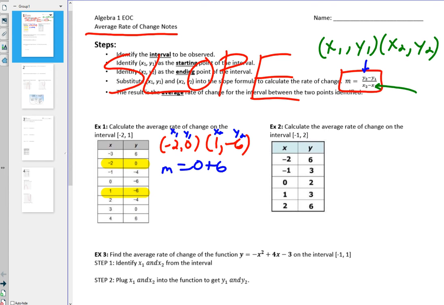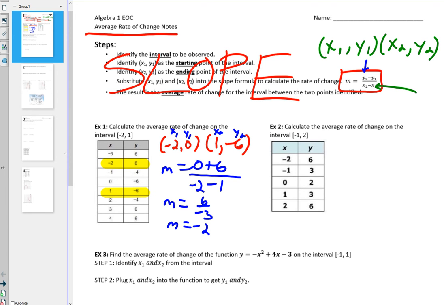So like if I put 0 first, on the bottom I have to write the -2 first. Another trick I taught you is for whatever the second coordinate is, because of the negatives that fall in the formula, change the sign. My second y was -6, that's why I wrote +6. My second x is 1, so I'll write -1. So I get 6 over -3, so m is -2.